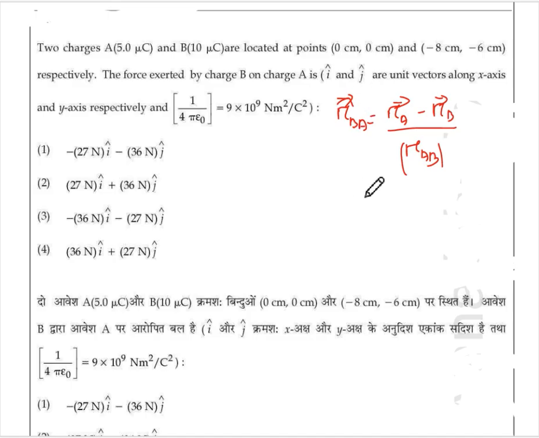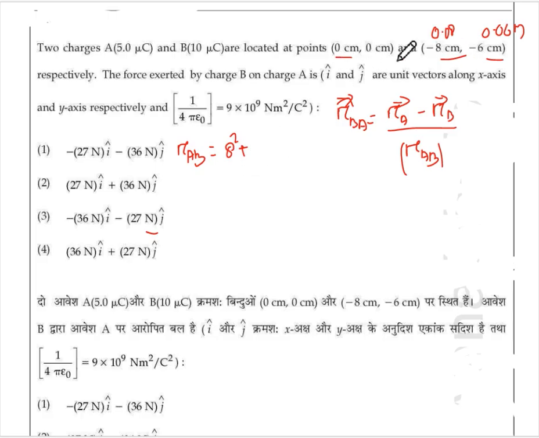Okay. So for this one, it is given in centimeter, so we have to take it in meter. So let's take it 0.08, and it will become like 0.06 meter. So now first find out this one. So RAB will become 8 square minus 0, because this one is 0, so directly I am writing 8 square.